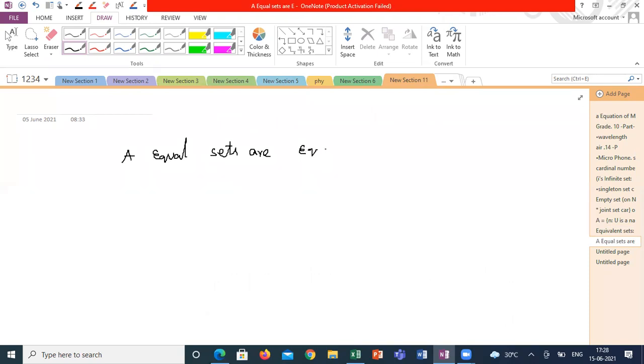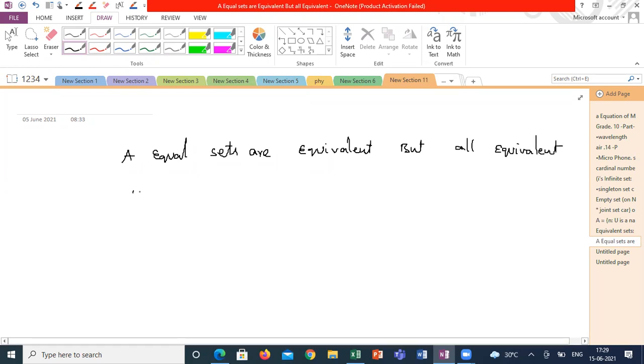Yes, sir. Equivalent means if the cardinal number is the same, that is enough. But for equal sets, the cardinal number should be the same, and the same identical elements should be available. It's like a copy of the same thing.